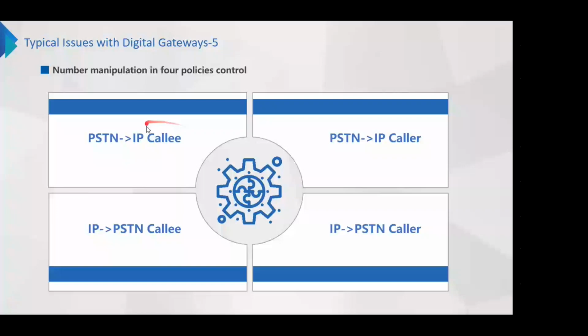And of course, we also support the opposite direction. Here is IP to PSTN, IP to PSTN for callee, and IP to PSTN for caller. So all of this can be done in the four directions. But if you want to manipulate the number, make sure you test it properly. If you are very familiar with the requirement, you always have to know the details.